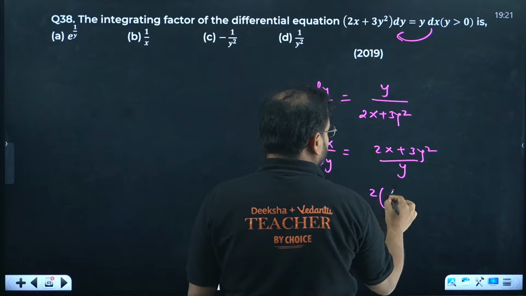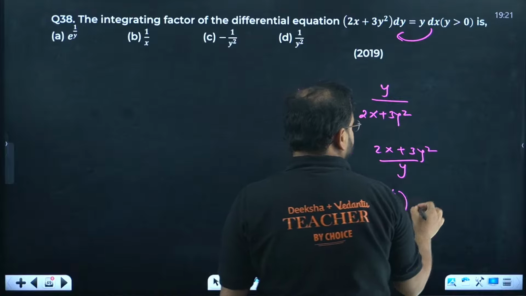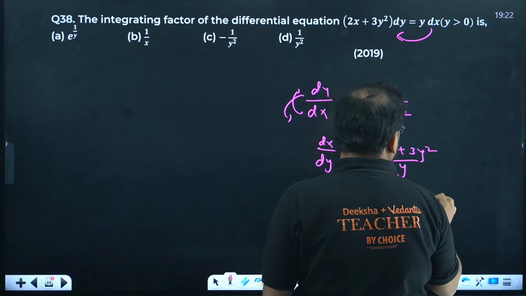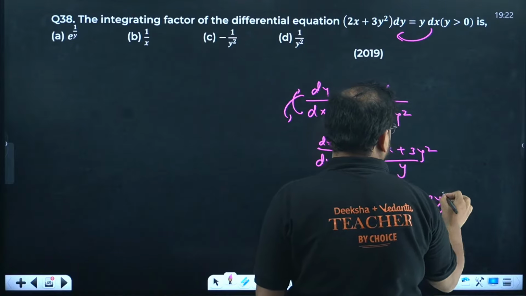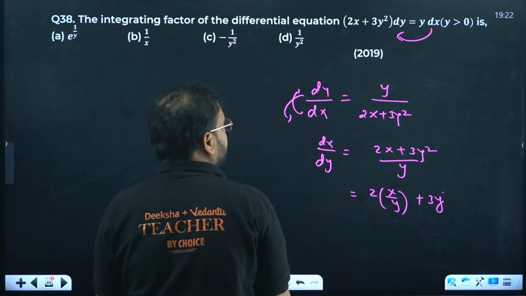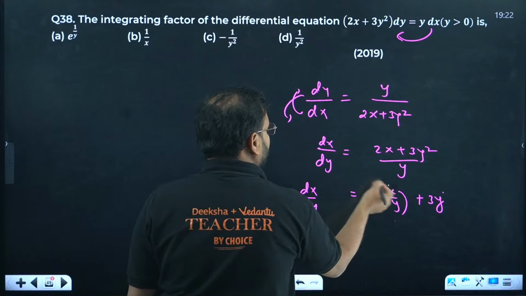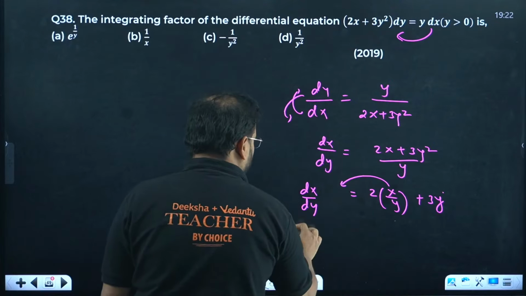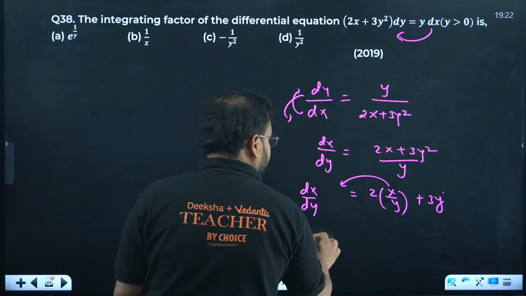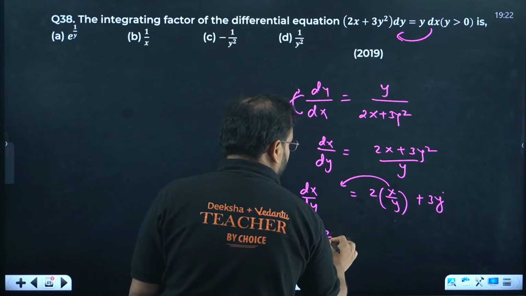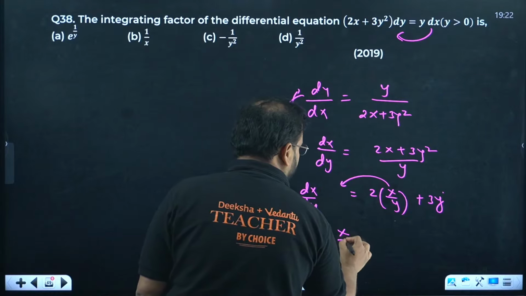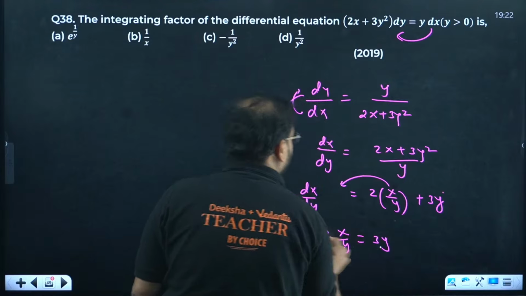So 2 times x upon y, and we have plus 3y, because y and y will cancel. This is the dx by dy form, by the way, guys. I'll move this over here. My equation is dx upon dy minus 2 times x upon y equals 3y.